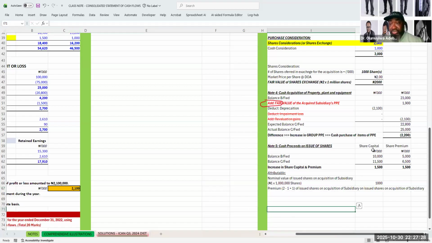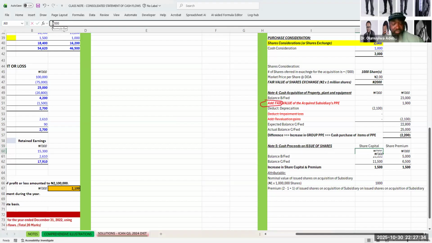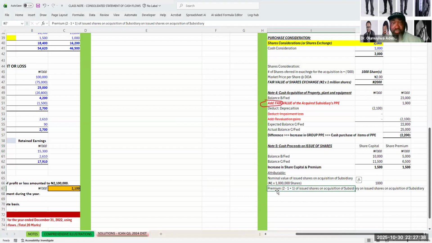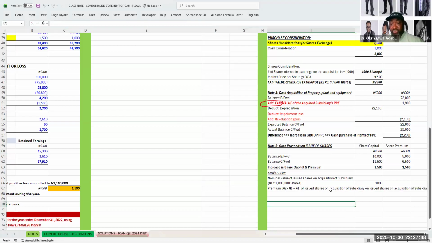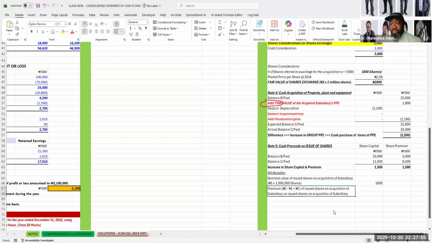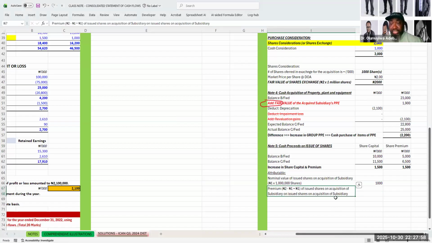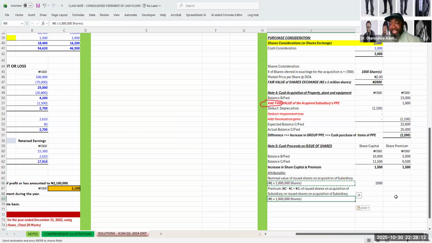Therefore, let me put naira in front. And that same 1 naira again, which is the premium, comes to the same amount here.